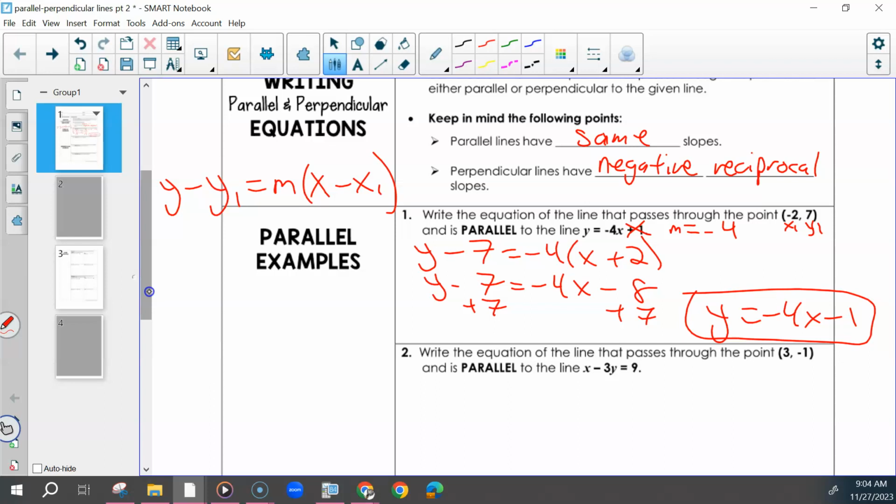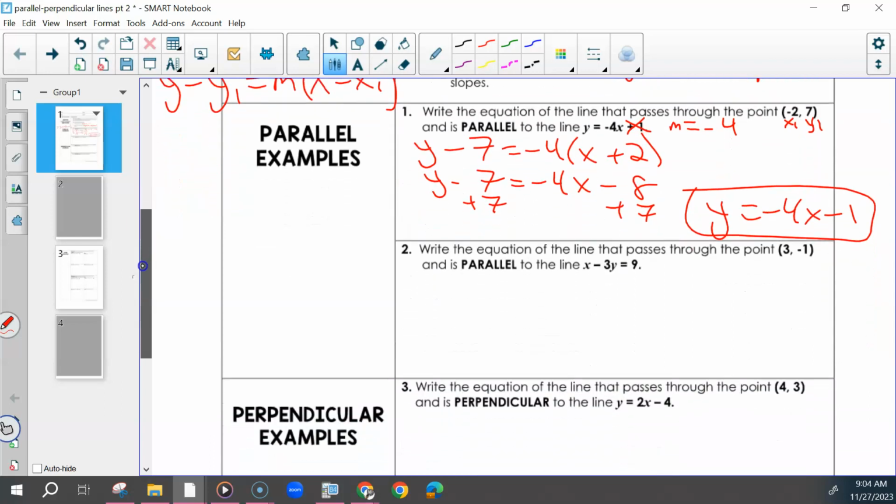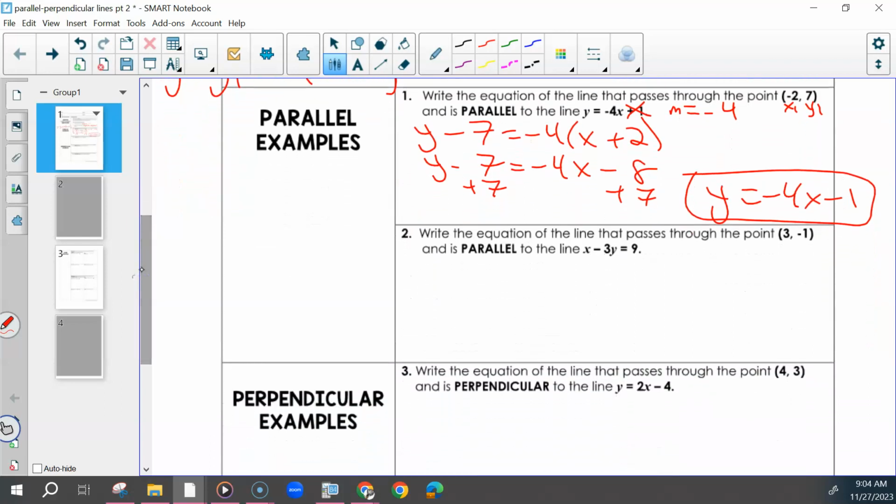Let's do the next one. The next one is similar. Still doing something that's parallel, but this one is not in slope-intercept form. So we have to change that to slope-intercept form first before we do anything else. So subtract x on both sides.